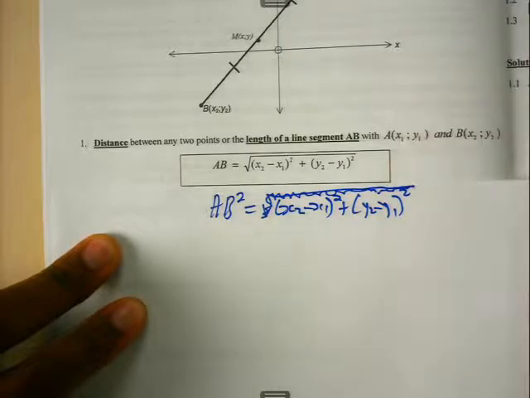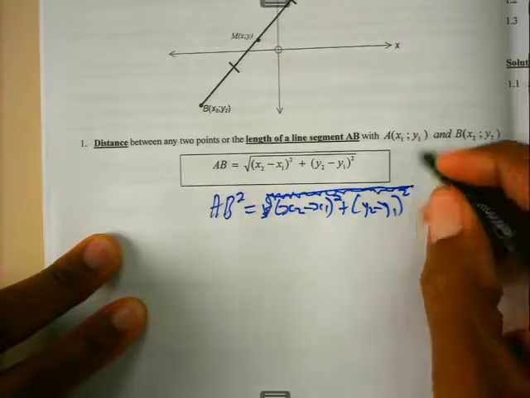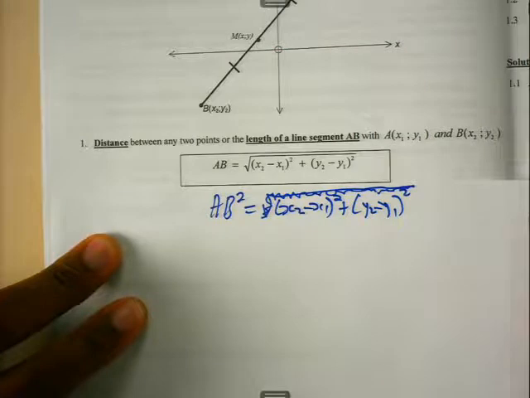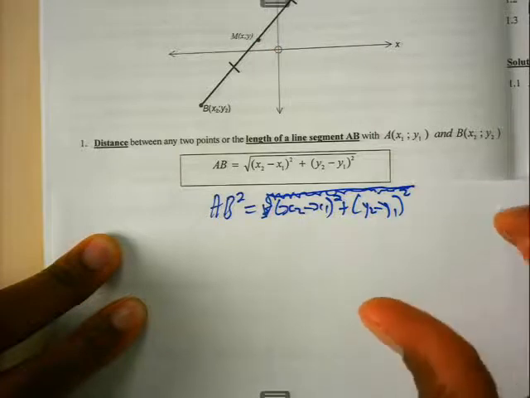The first one, they can ask you to determine the length between 2 points A and B. The other one, the distance will be given, and the only thing that you can do there is to find the value of x or the value of y. The first formula is still relevant, but most of the time I've realized that most learners, once they have the square root, find it not easy to get rid of that square root.